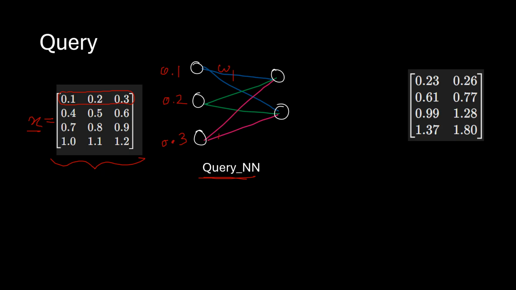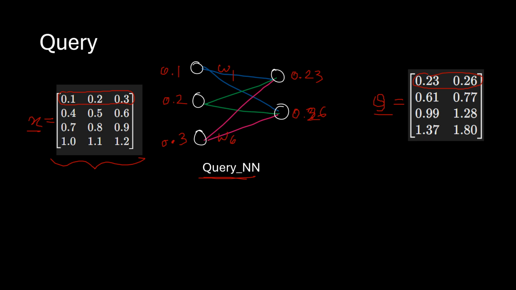Now this is a different neural network, so it will have a different set of weights associated with it. And obviously again, these are trainable parameters. These weights will be updated at every iteration of the training. And we will get output. So for this row, the output we'll get will be 0.23 and 0.26. And this will create the first row of the query matrix.